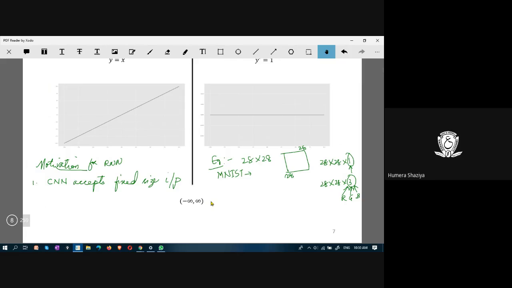So apparently here you can see that you have the same dimensions or same size for every image. That is CNN. Second one, CNN cannot remember long-term dependencies.